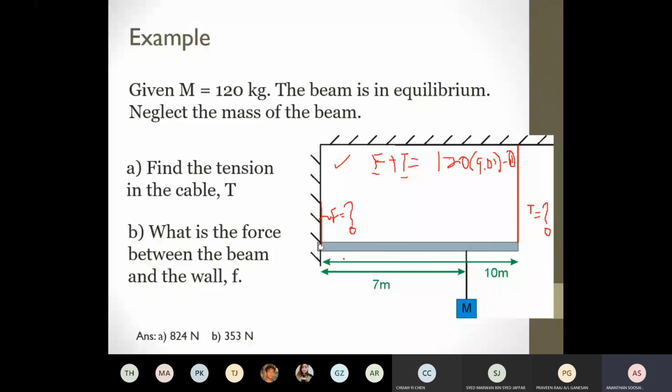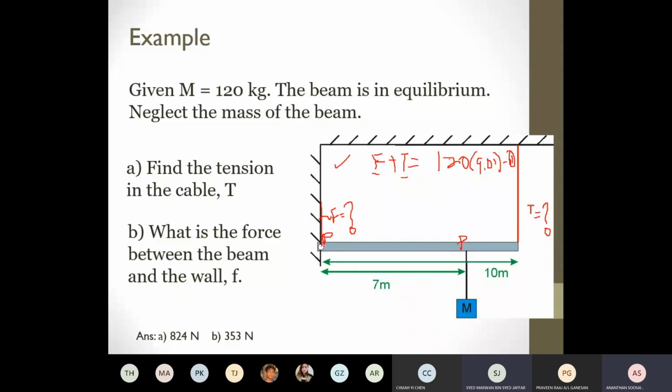Now which point would you like to take moment about? The wall. So you take the pivot as the wall. Why take the pivot at the wall and not other points? What is the advantage of taking the pivot at the wall instead of the mass? There is no force on that point.